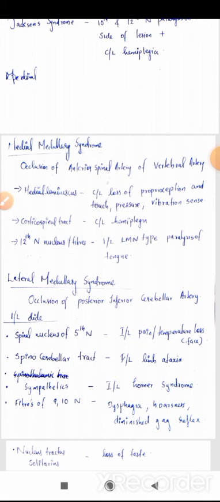If the medial lemniscus is affected, there will be contralateral loss of proprioception, touch, pressure and vibration sense. With the corticospinal tract, we have contralateral hemiplegia. And as the 12th nerve is affected, we have ipsilateral LMN type paralysis of the tongue.